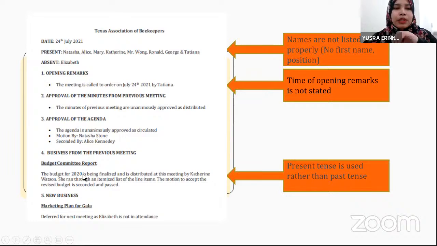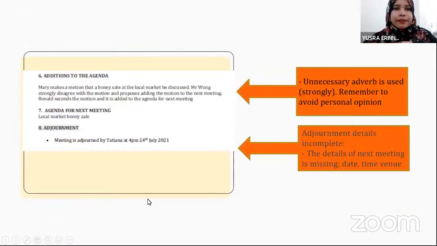The budget for 2020 was finalized and was distributed at this meeting by Catherine Watson. Clear? Similarly, defer for next meeting as Elizabeth was not in attendance. It's supposed to be was, not is. Okay, all right.